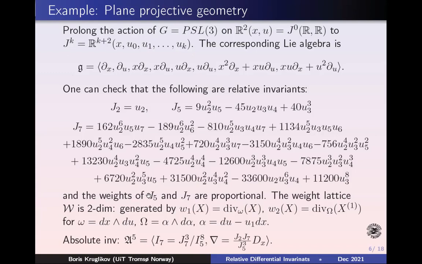And then actually weights for J5 and J7 are proportional. In fact, the weight lattice here is 2-dimensional. Namely, it's generated by the following two weights. And that's an interesting formula. It will reappear later, right?